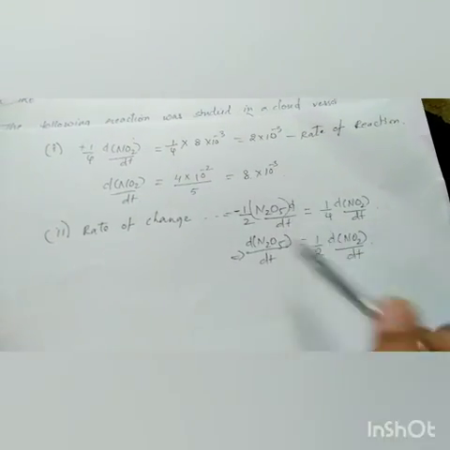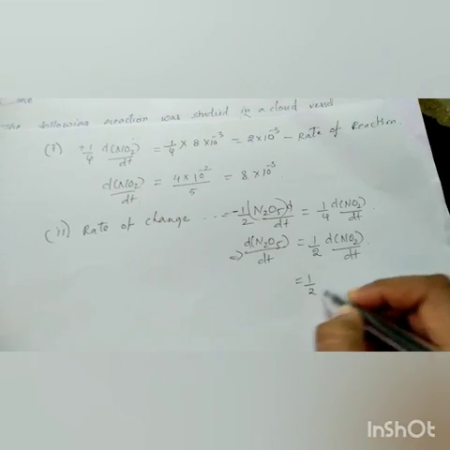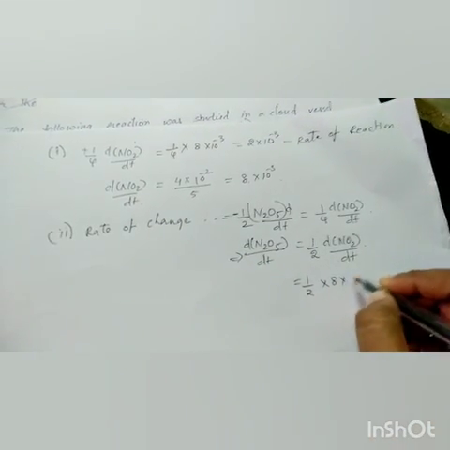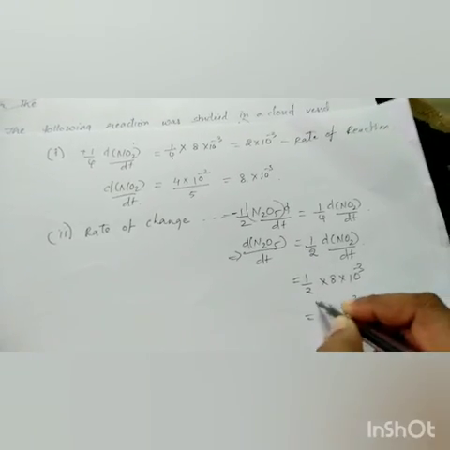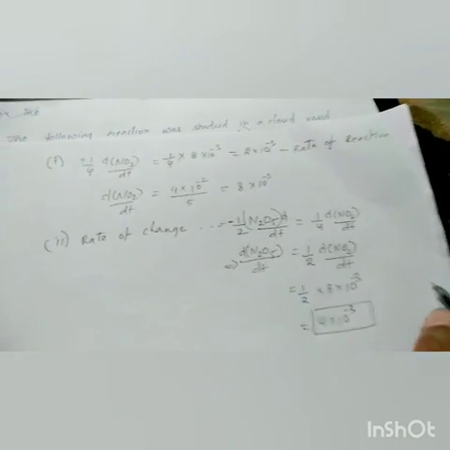Here we got 8, so we write it as 1 by 2 into 8 into 10 power minus 3, and we get 4 into 10 power minus 3 mole liter inverse second inverse.